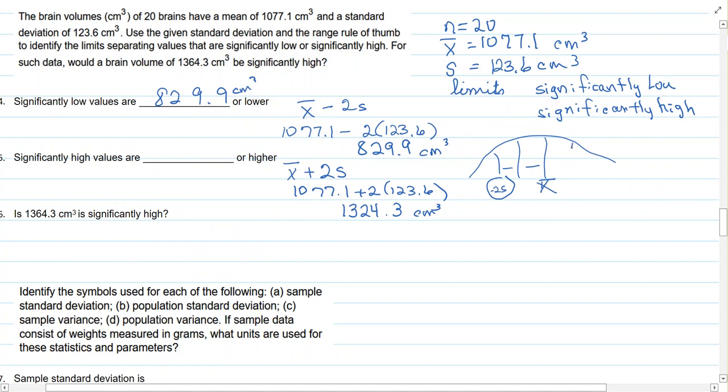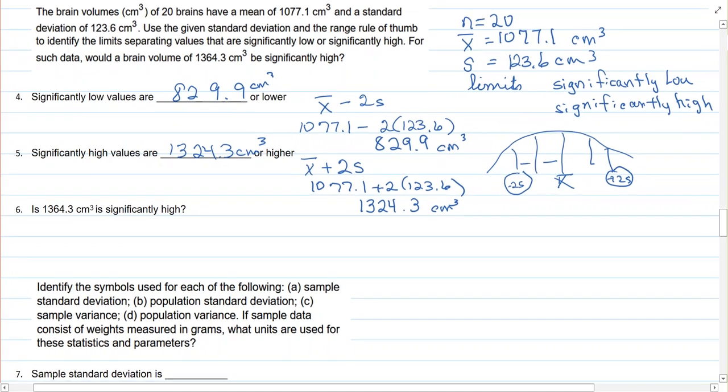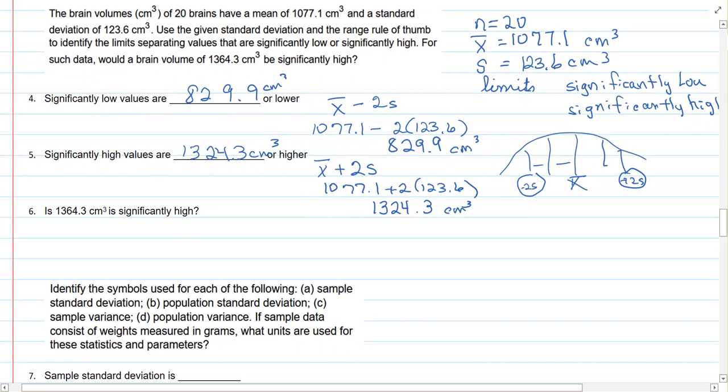On the right side is this one here, which is a plus 2 standard deviations. And I'll enter that number, 1324 and 3/10 centimeters cubed, or higher, is significantly high. Now we have a question, is 1,364 and 3/10 centimeters cubed significantly high?